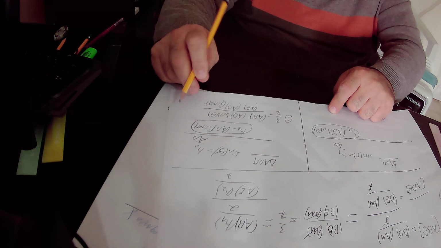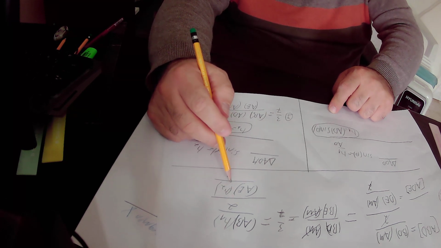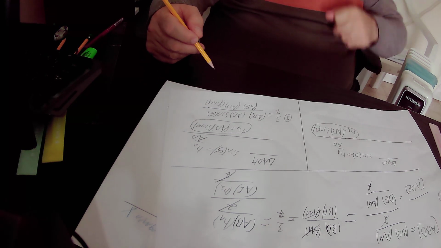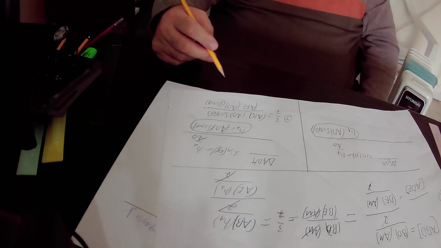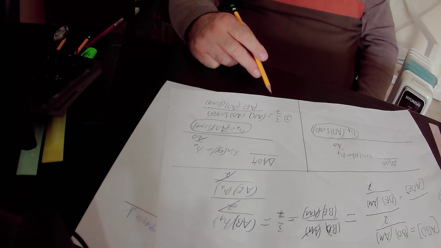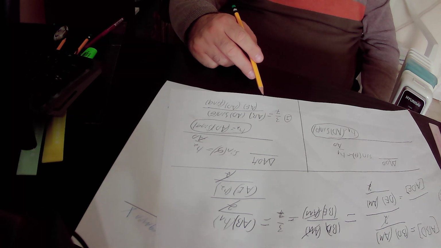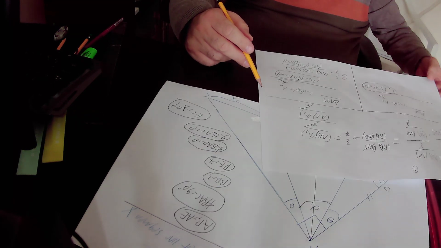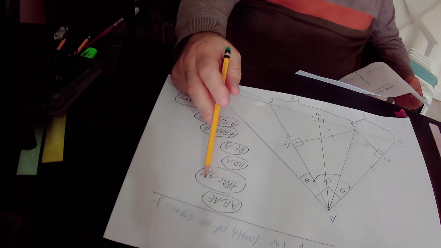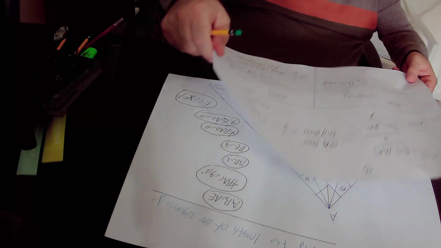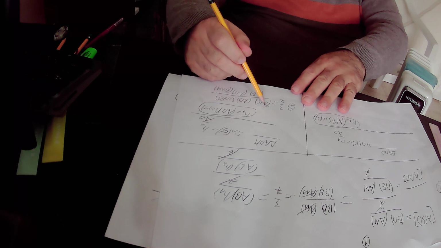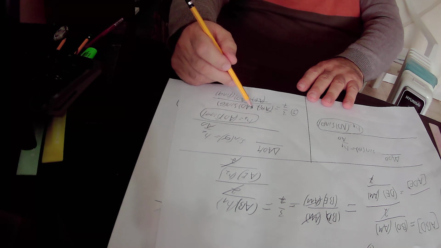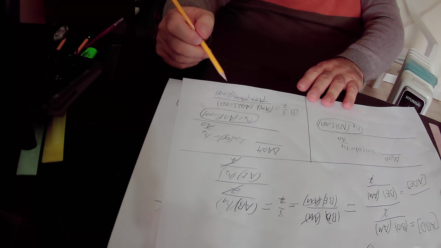Actually here we have AD in the numerator and AD in the denominator, so it will get cancelled. So we got equation number 1 that states that 3 over 7 equals AB over AE. According to what is given in the question, AB equals AE, therefore AB over AE will be equal to 1, so it will get cancelled. AD over AD will get cancelled. It will be equal to 1.